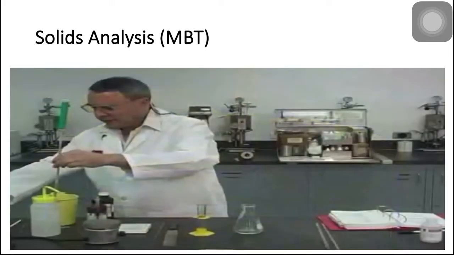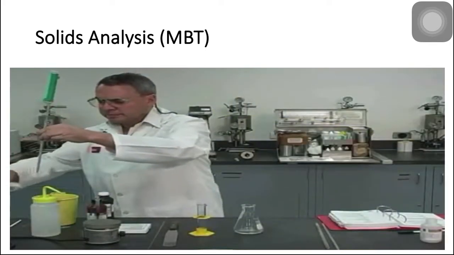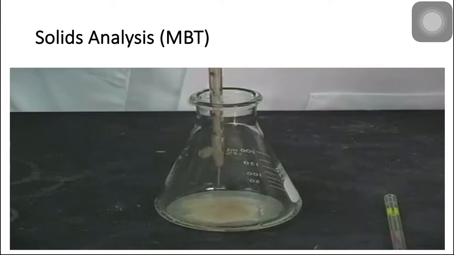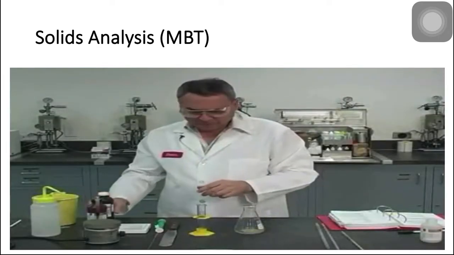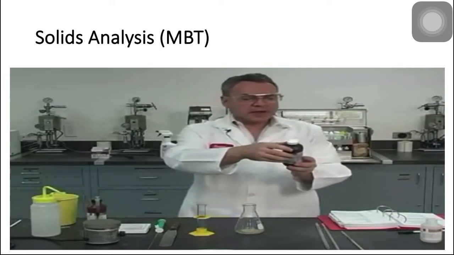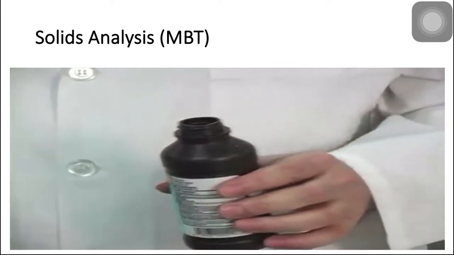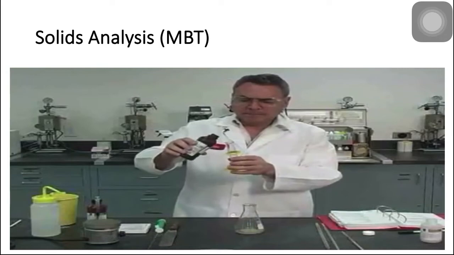Here we are going to have exactly 1 cc. Then we are going to use hydrogen peroxide 3%, and we are going to put 15 milliliters.